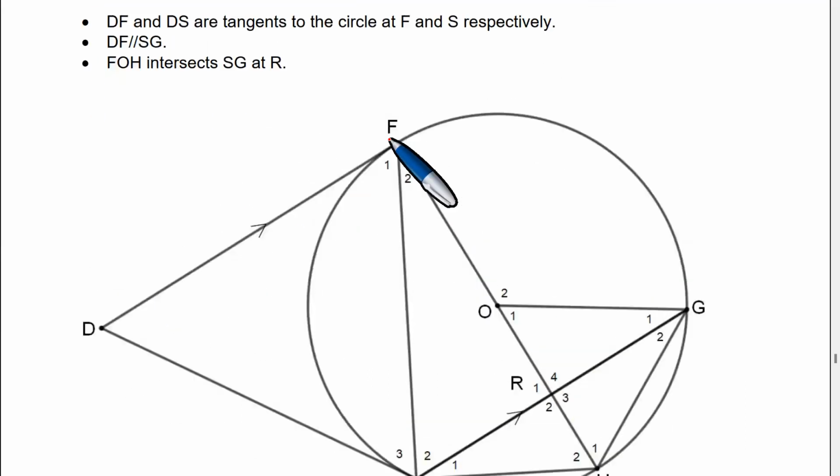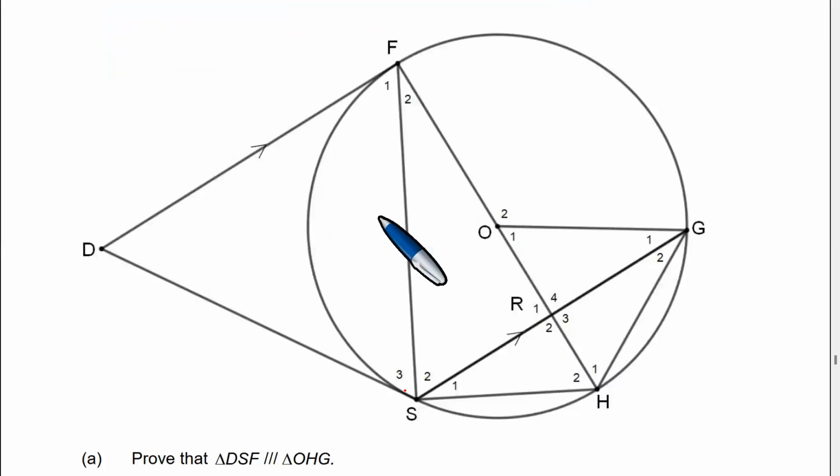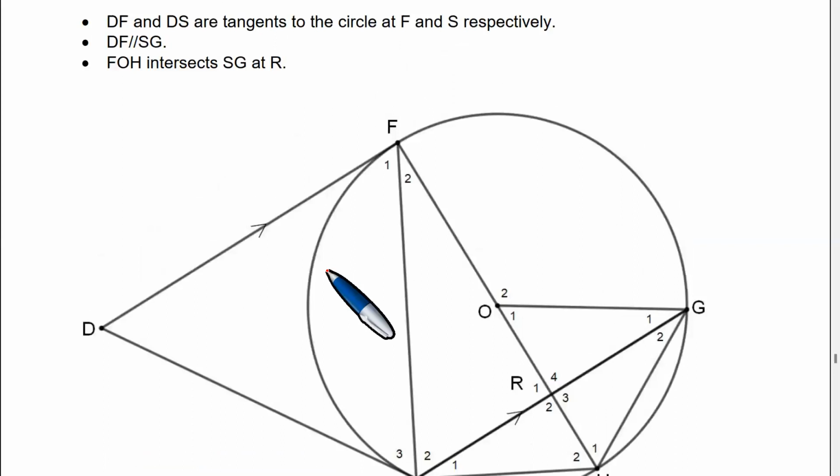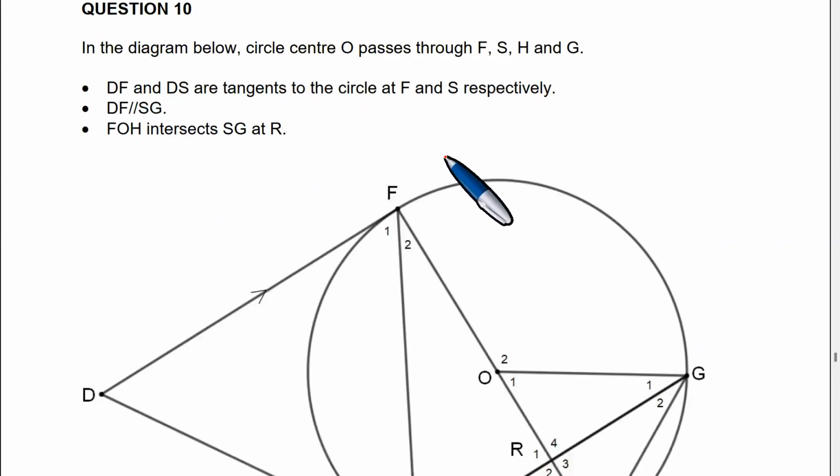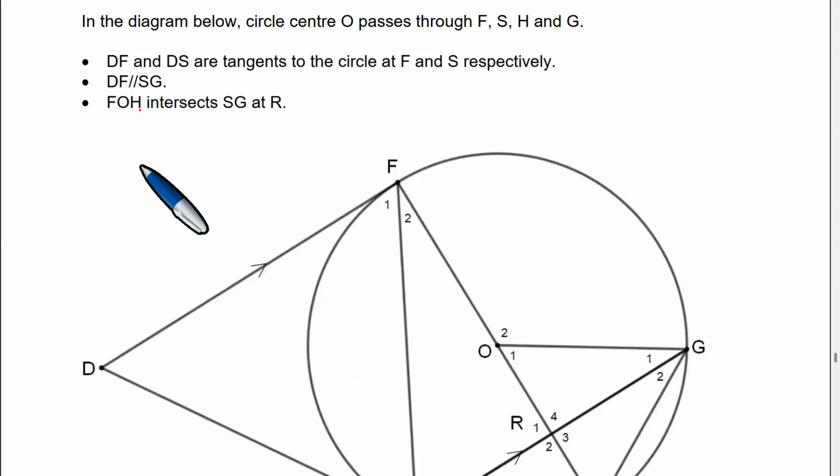DF and DS, these are tangents. Tangents from the same point outside the circle are equal. So this equals this. There's a theorem that says these tangents, because they're drawn from the same point outside the circle, are equal in length.